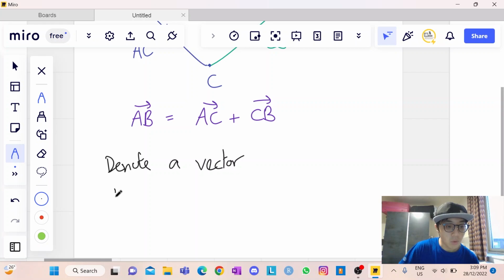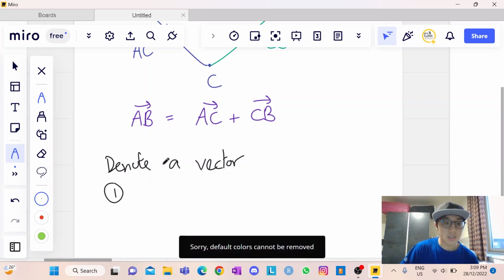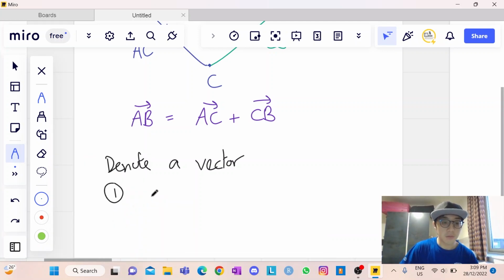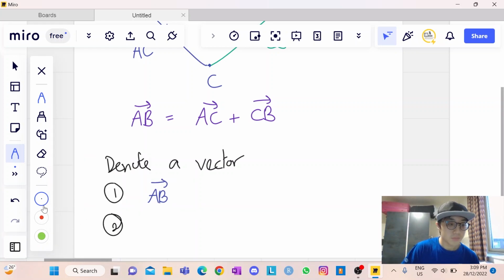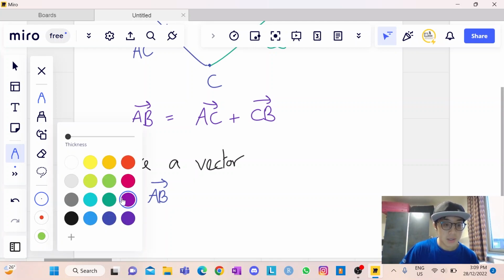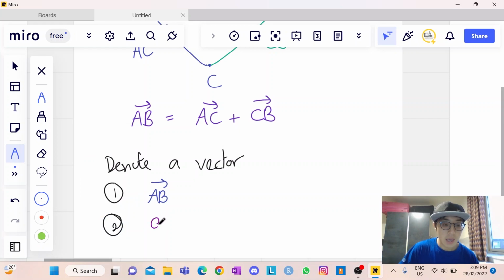Number one, you can use the method I showed above: your beginning and final place with an arrow indicating your direction. Number two will be something like, let's say, A with a curve, a wavy line down here.